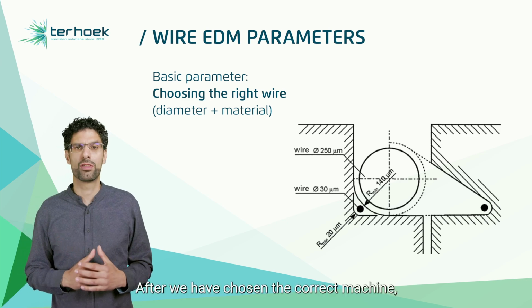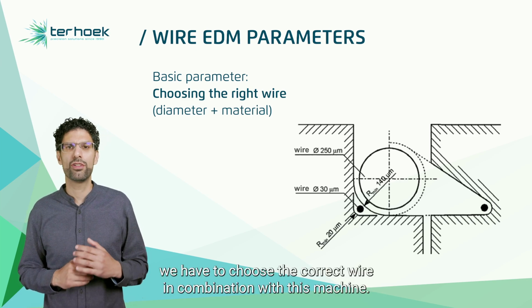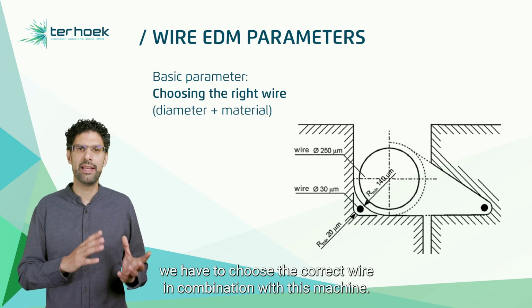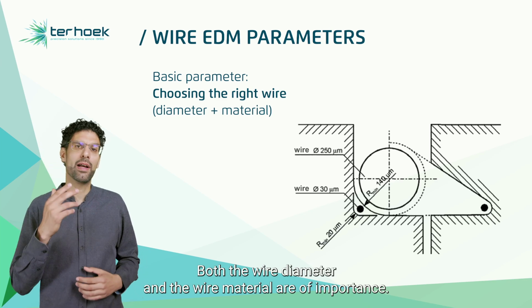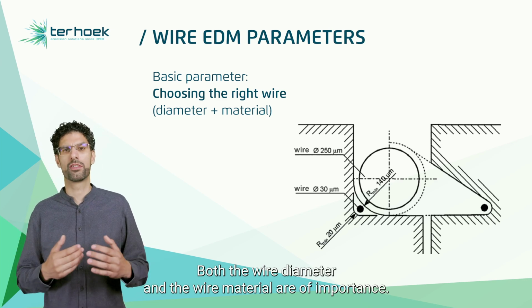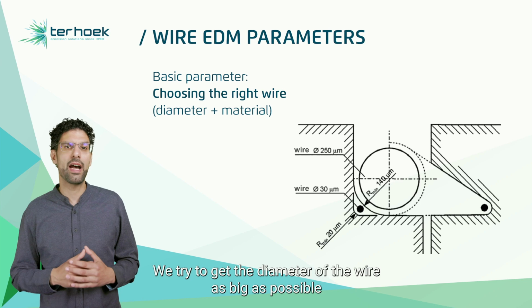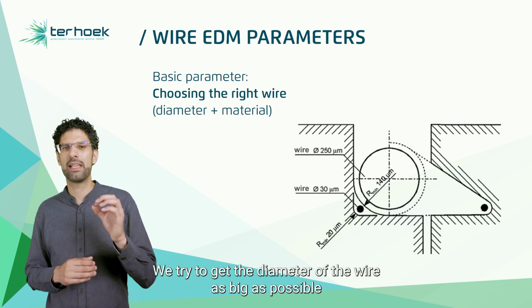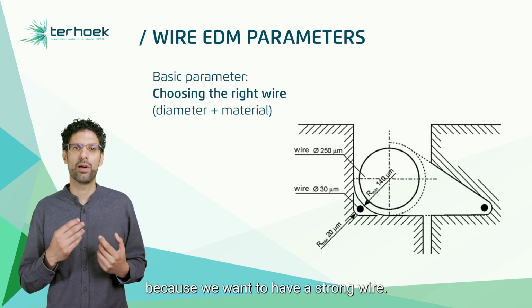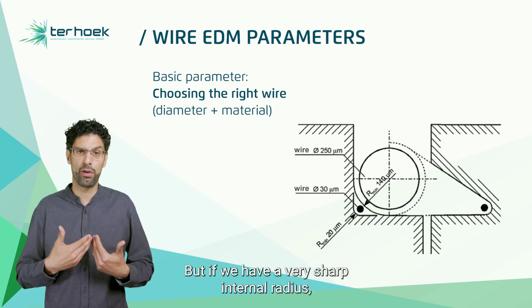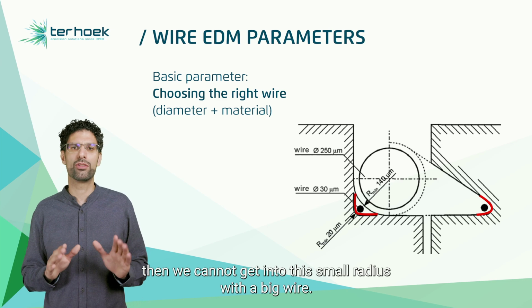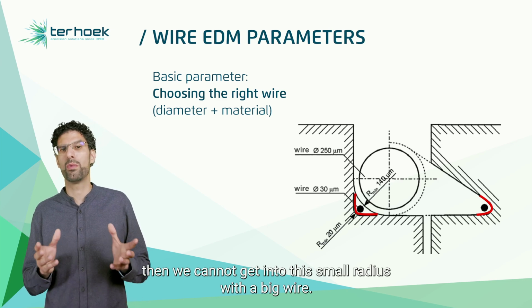After we have chosen the correct machine, we have to choose the correct wire in combination with this machine. Both the wire diameter and the wire material are of importance. We try to get the diameter of the wire as big as possible because we want to have a strong wire. But if we have a very sharp internal radius, then we cannot get into these small radiuses with a big wire.